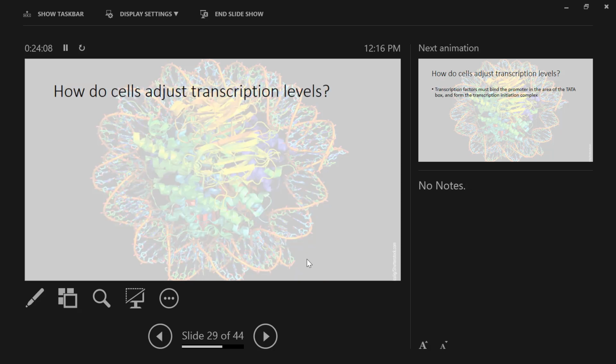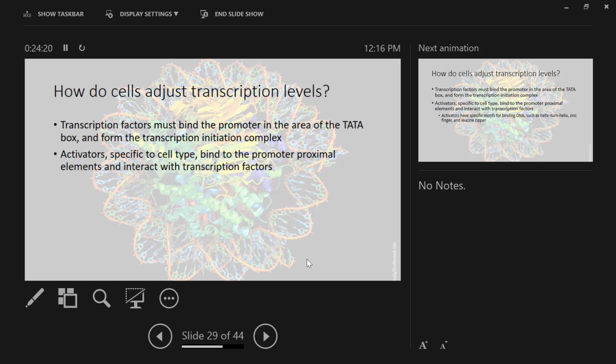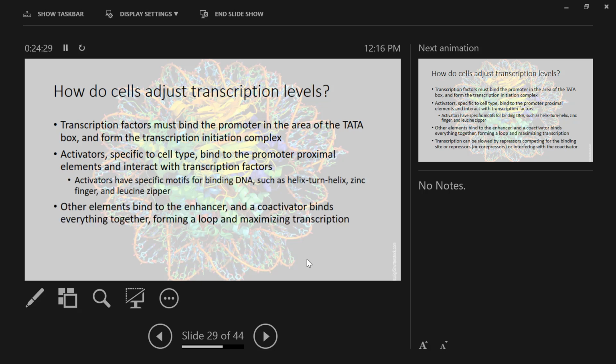All right. So to sum this up, transcription factors have to bind to the promoter in the area of the TATA box and form what you call the initiation complex. Then there are activators that bind to the proximal elements. There are activators that bind to the enhancers and that help to get RNA polymerase in the correct place and help it to move as quickly and efficiently as possible as it works through transcription.